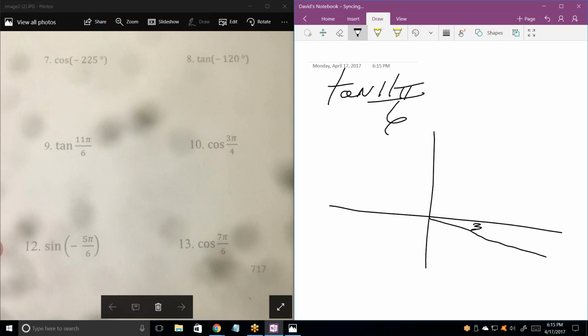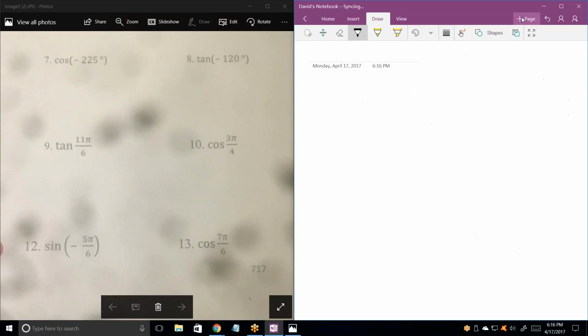So the reference angle is 30 degrees, right? What's the tangent of 30 degrees? √3/3. What's its plus or minus sign? It's going to be negative. Good. You're good at these.